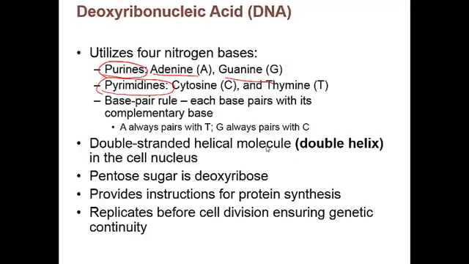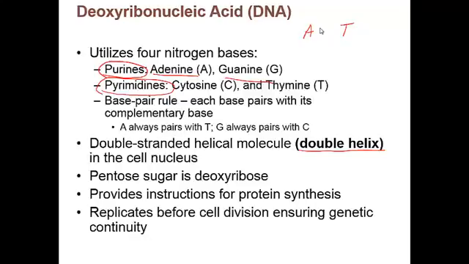And the beauty of the size of these particular purines and pyrimidines is that it allows them to form this double helix by the way that they bind with each other. A purine is always going to bind with a pyrimidine to form this double helix. So for example, adenine is always going to pair with thymine, and it's going to be connected by hydrogen bonds.